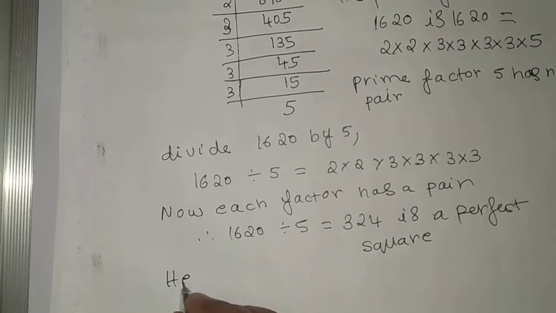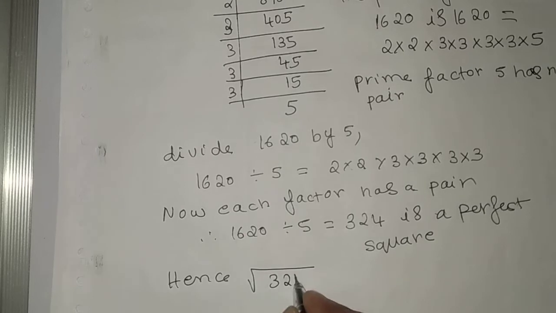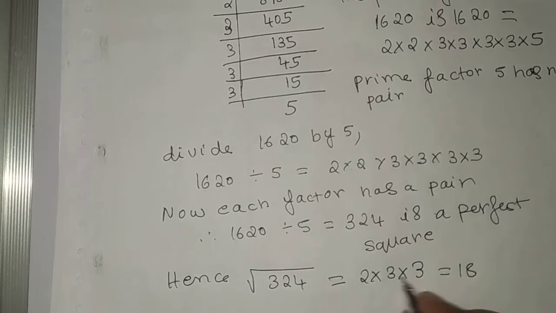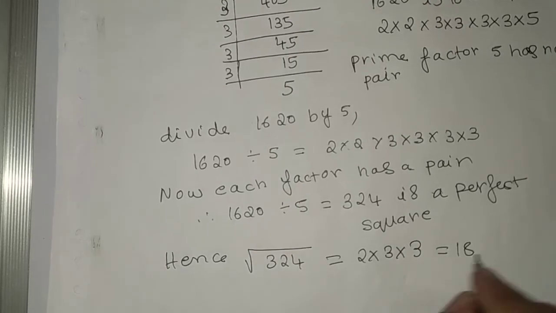Hence root 324 is equal to 2 into 3 into 3, which is equal to, that is 3 2s are 6, 6 3s are 18.